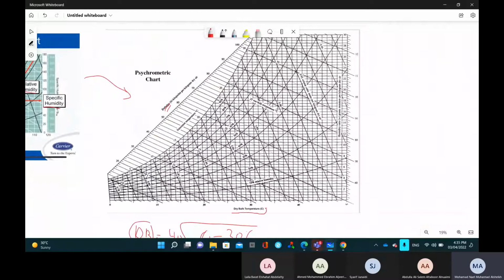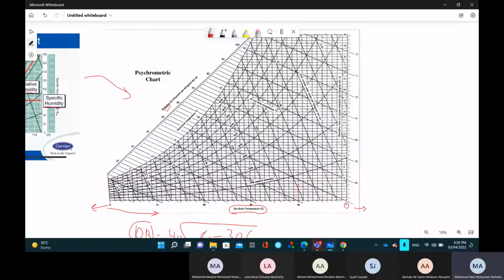Here we can see that it is written that this is the dry bulb temperature. Along this axis, the dry bulb temperature is changing from 0 to 50. Since we are dealing with air and ACs, these types of charts are used for HVAC and ACs, so we don't need temperatures below 0 or above 50. So our point will be right in this line.